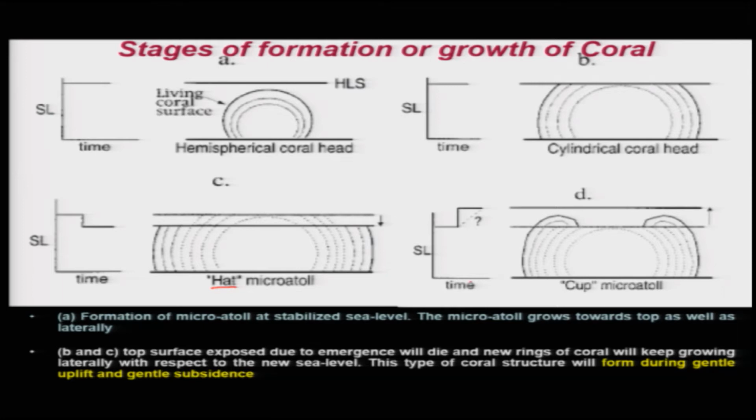So if there is a subsidence, then the corals will keep growing further vertically as well as laterally. So this part is the older one, and this is the new one which is coming up. So this is indicative of the uplift and gentle subsidence.